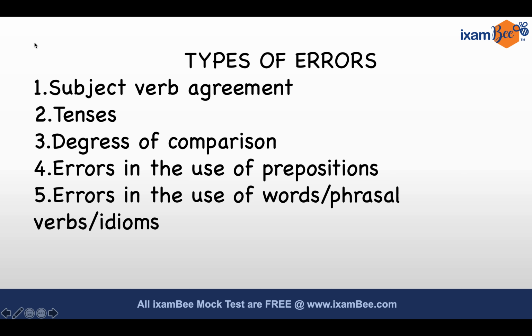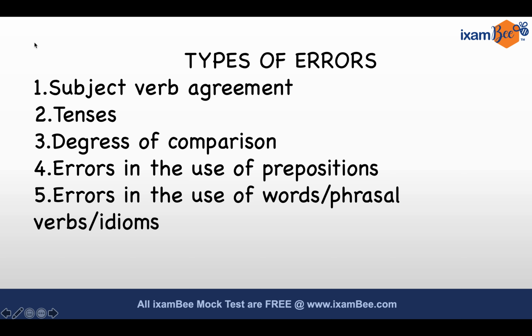If you want to do well in your error detection section, you have to brush up on basic grammatical knowledge, starting with subject verb agreement, tenses, degrees of comparison, appropriate use of prepositions, and use of correct phrasal verbs and idioms.